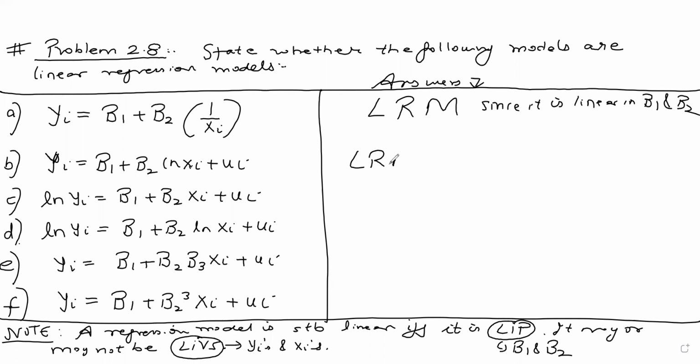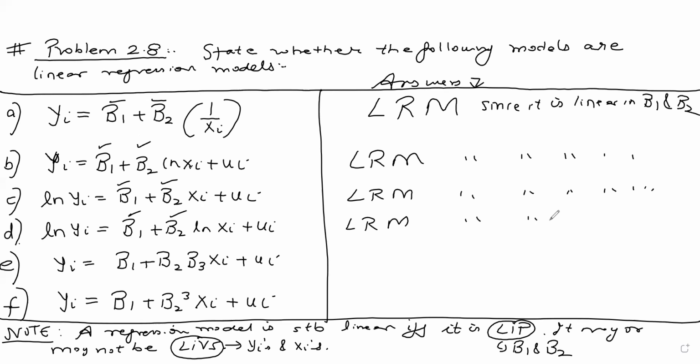This is also a linear regression model for the same reason. It's linear in B1 and B2. This is also a linear regression model, since it is linear in B1 and B2. The reasons are all the same. This is also a linear regression model since it is linear in B1 and B2.